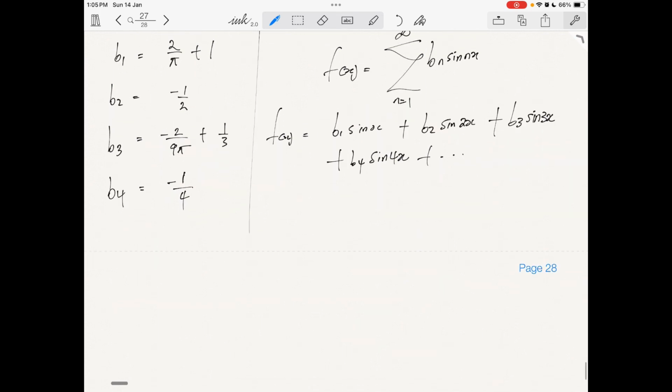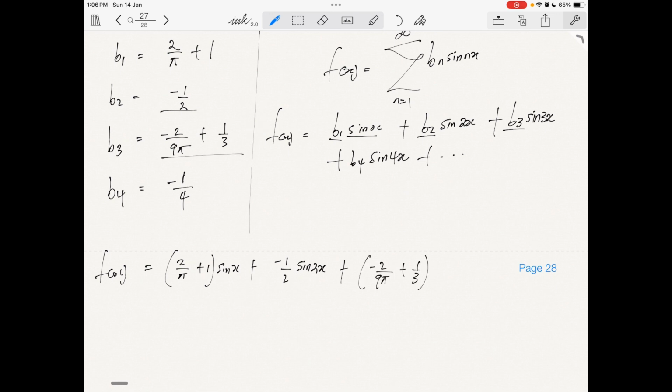Therefore, we can evaluate our f of x. Our b1 is 2 over pi plus 1 multiplied by sine x. Our b2 is minus 1 over 2 multiplied by sine 2x, plus b3 is minus 2 over 9 pi plus 1 over 3 sine 3x, and b4, which is minus 1 over 4 sine 4x.